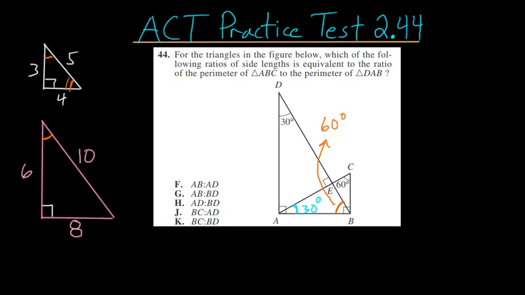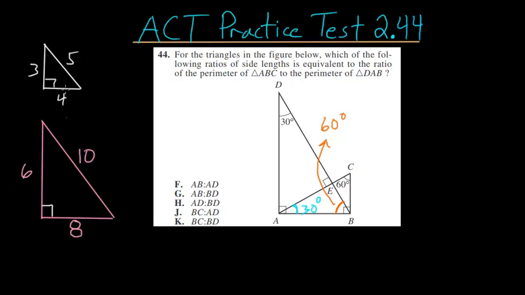And another way that you can tell that they're similar to each other is that all of their side lengths are in proportion. So this side length here, 3, is in proportion with this side length here, 6. And 4 and 8 are in proportion as well.